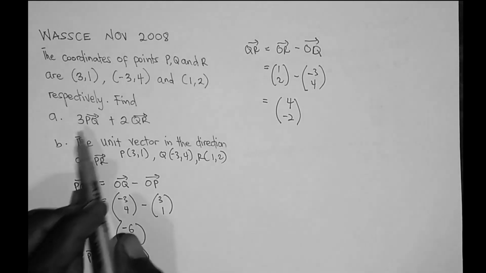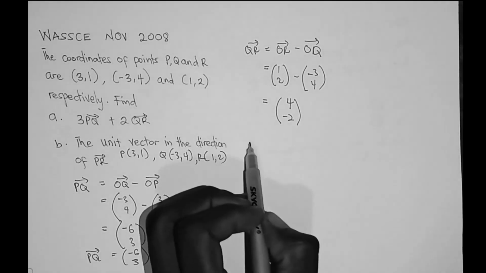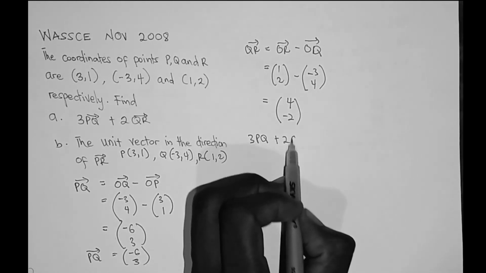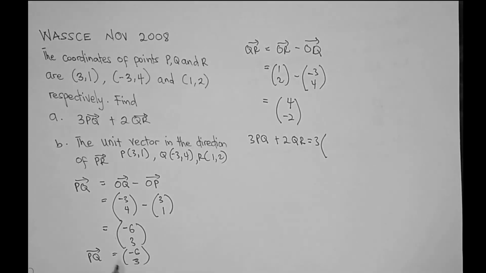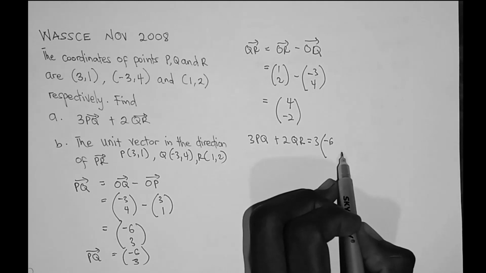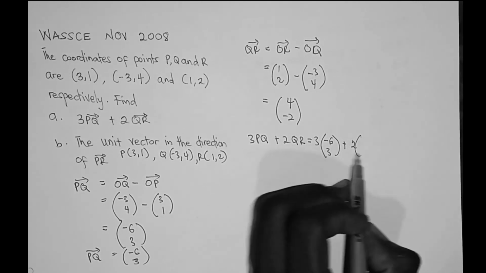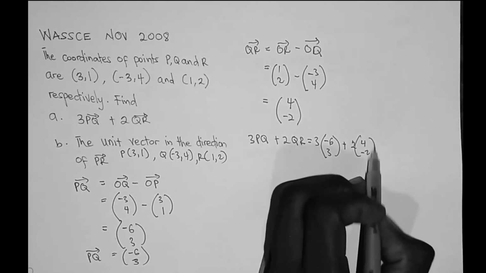So since we now know PQ and QR, we can then find 3PQ plus 2QR. So 3PQ plus 2QR is equal to 3 times PQ, which is minus 6, 3, then plus 2 times QR. QR is this, which is 4, minus 2.